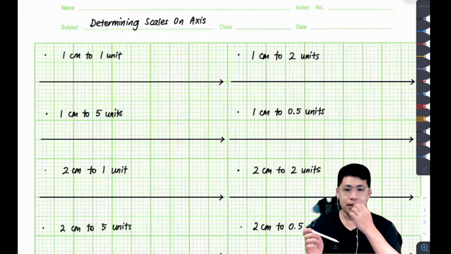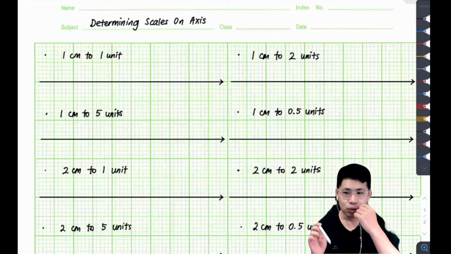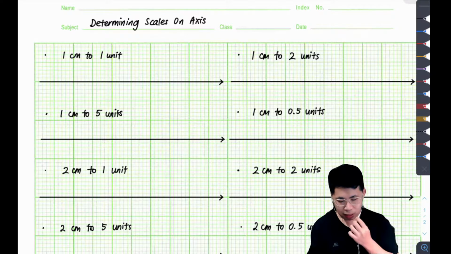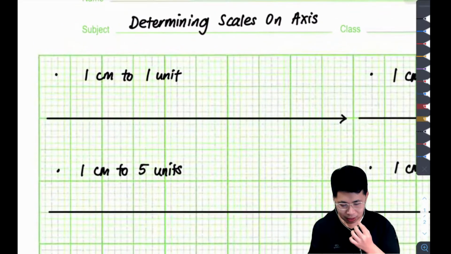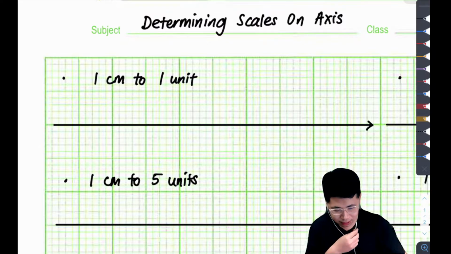Alright, so let us take a look at this particular worksheet, and let us go through the graph paper and how we put down our axis. In general, the graph paper is split into very distinct boxes.